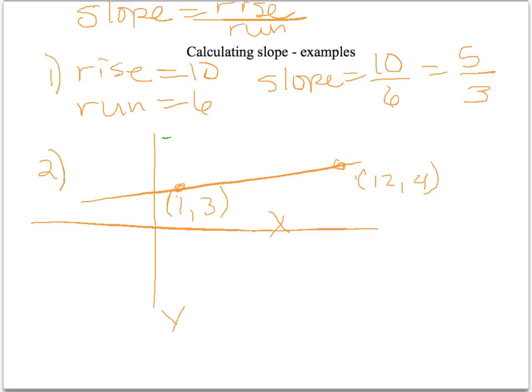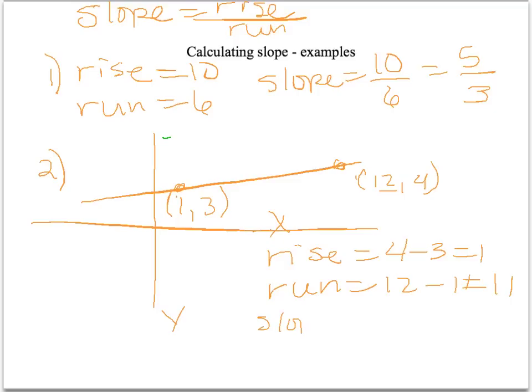So to figure out your slope, let's find the rise. The rise equals 4 minus 3, or 1. My run is 12 minus 1, or 11. So my slope is my rise over my run, or 1 over 11.